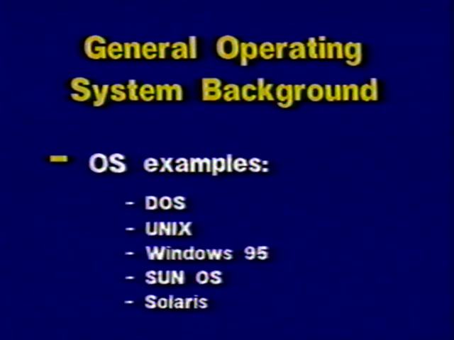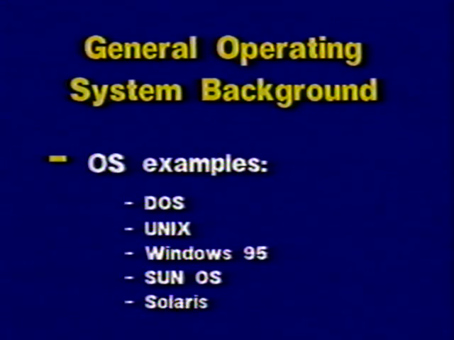And frequently there's been a big push lately to find Unix on PCs. One form of Unix is called Linux, and another one is called SCO Unix. And I'm sure there's probably several others that are popping up now too. Probably the one you've heard of most frequently, though, is Windows 95.